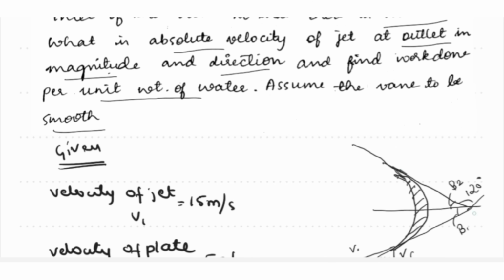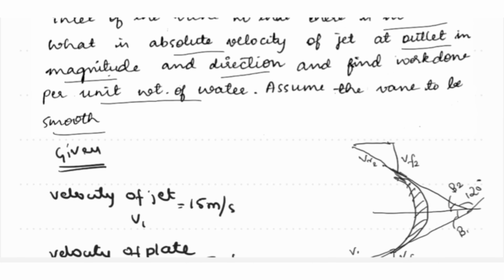As I said, whatever line we draw along this vane angle line is always the relative velocity. At the outlet, it is VR2. Now we will draw this. So this is Vf2, and this angle will be equal to beta 2.